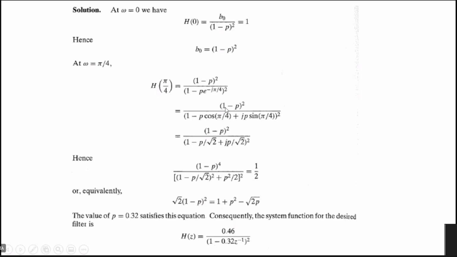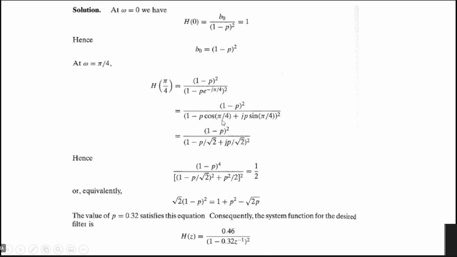So it is (1 minus P) whole square, then 1 minus P cos pi by 4, then in place of e to the power minus j pi by 4 we write this, and we finally get (1 minus P) whole square divided by 1 minus, that cos square pi by 4 plus sine square pi by 4 is equal to 1.